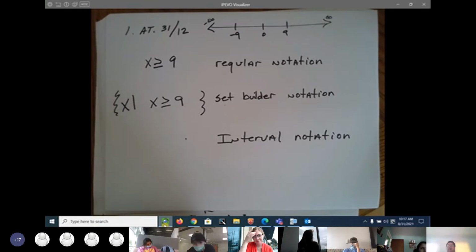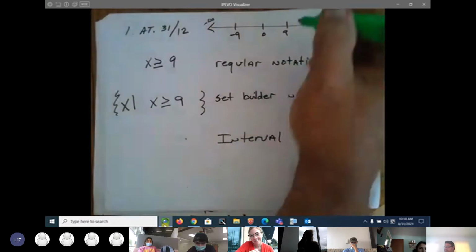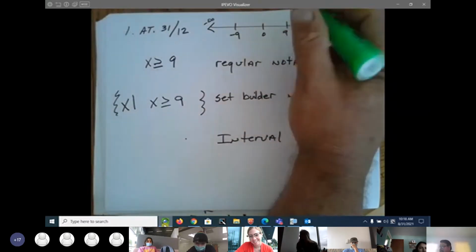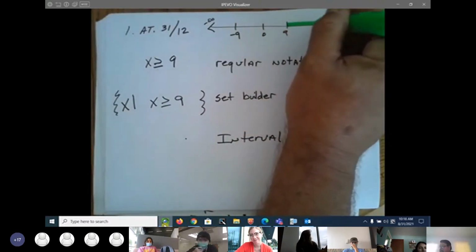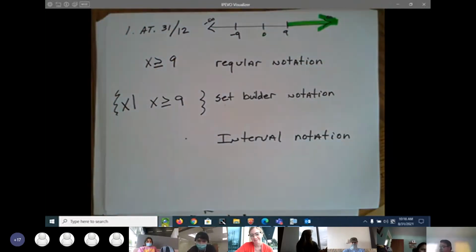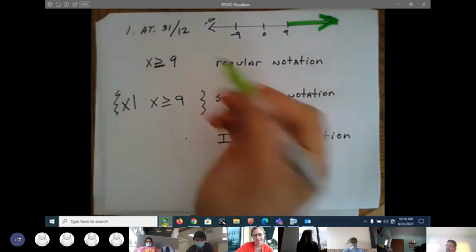What numbers are above 9? Numbers to the right of 9, Hubert. That's right, class. 10, 11, 12. Do we include 9? Yes, we include 9 because it has an equal sign there.